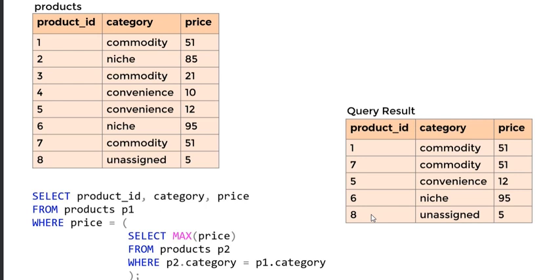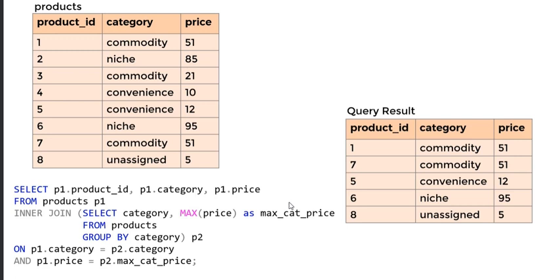We also saw how we could get the same result by using a join with a self-contained subquery. Here we are doing some aggregation, then joining back onto the products table.